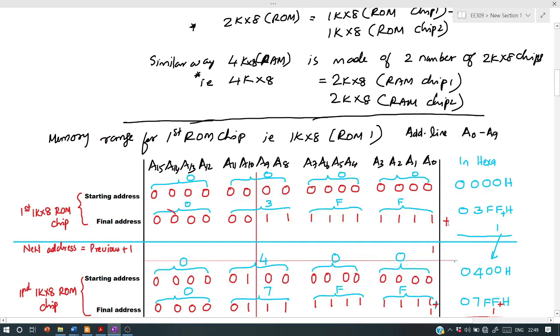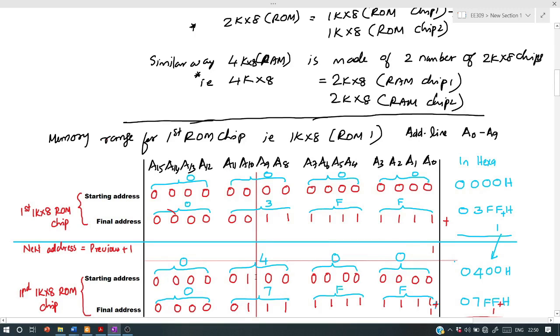So what is the next address? In order to obtain the next address, that is the starting address of the next 1K into 8 ROM chip, we just need to add 1 to the final address of the first 1K into 8 ROM chip, that is ROM 1.